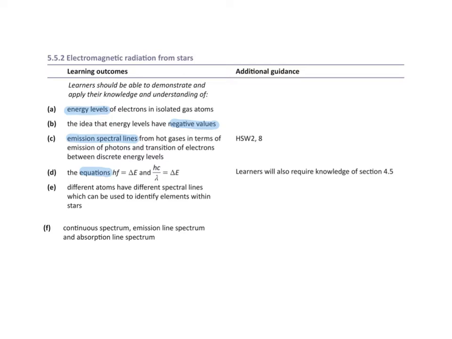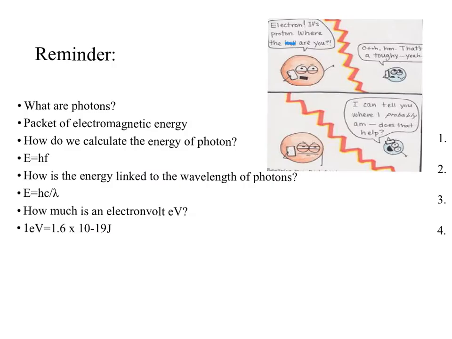Also that different atoms have different spectra lines, which helps identify elements, which we will talk about. And we will look at the continuous spectrum, emission line spectrum, and absorption line spectrum, and how they link to the stars.